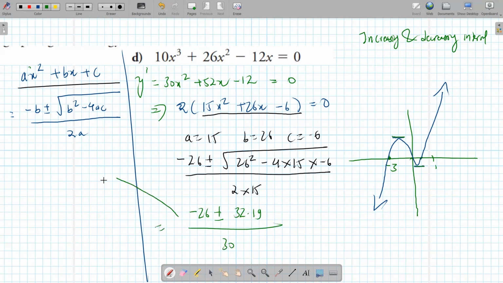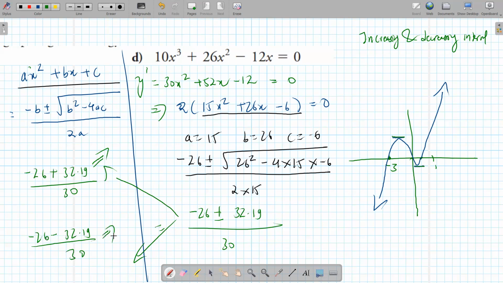What this means is this is going to give us two different x-intercepts. When you have a plus minus, the plus bit becomes its own term, so like this. And then the minus bit becomes its own term, like this. You see that? Plus minus. This will give you one of the x-intercepts. This will give you the other x-intercept.